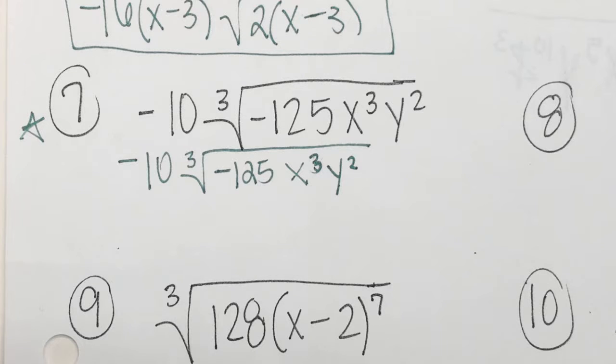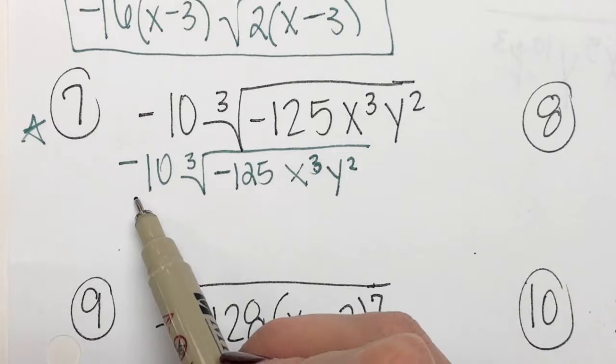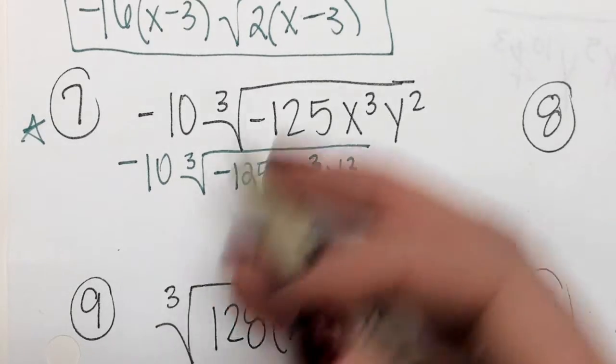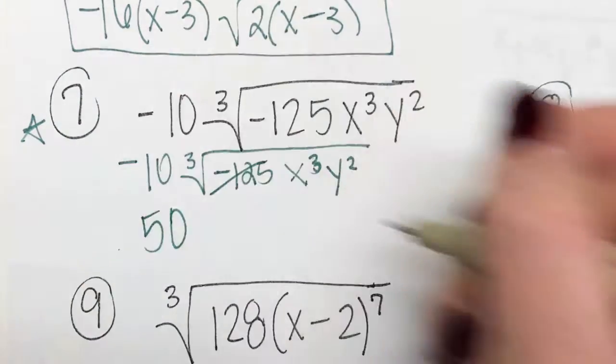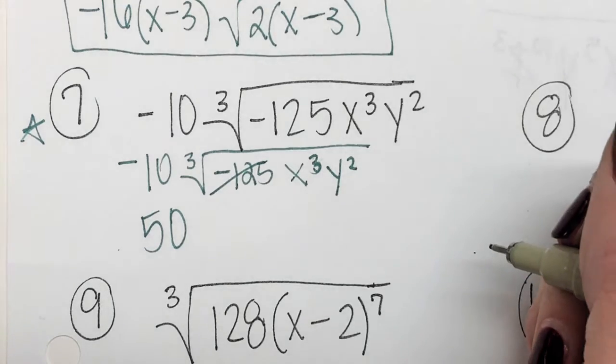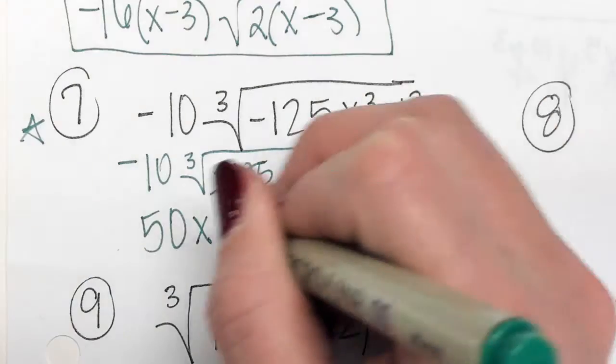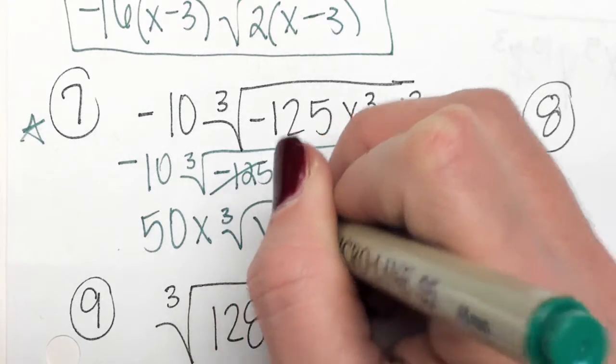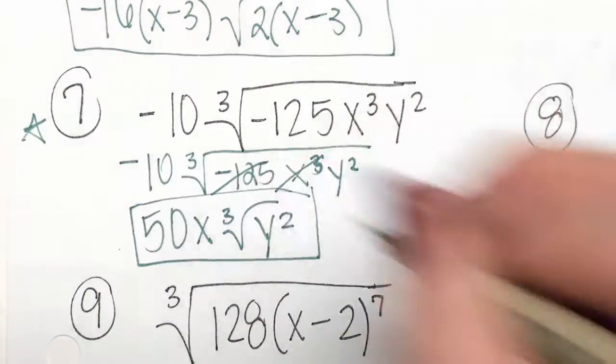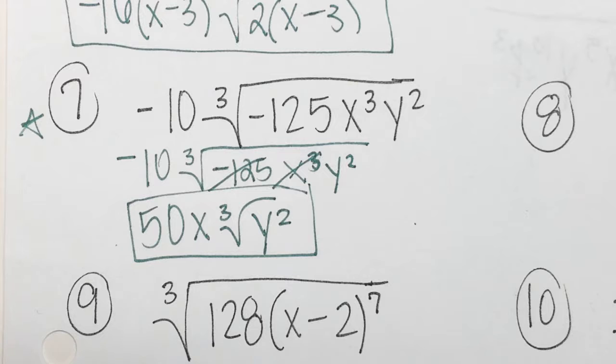Perfect. Negative 5. So on the outside, what will I have? 5y. Good. What else can go on the outside? What's left underneath? Cube root of y squared. Very good. Questions?